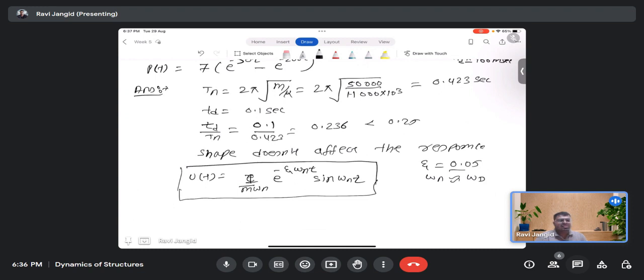So how do we find the maximum response from this expression? You may have to differentiate.